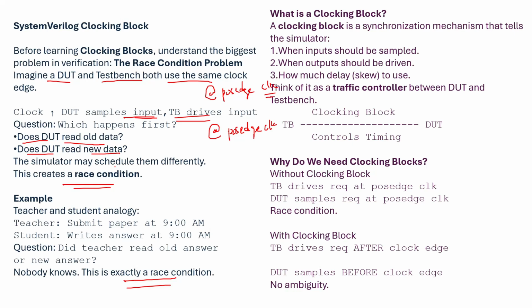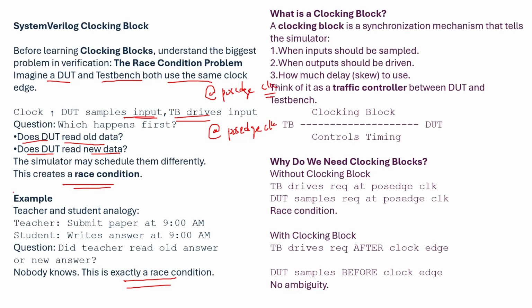Delay and skew are the same. This clocking block controls the timing. The TB drives signals to the DUT, and the DUT's signals are sampled by the TB.